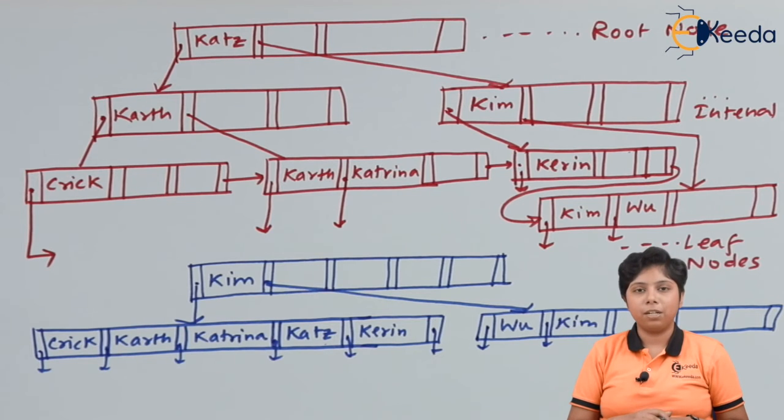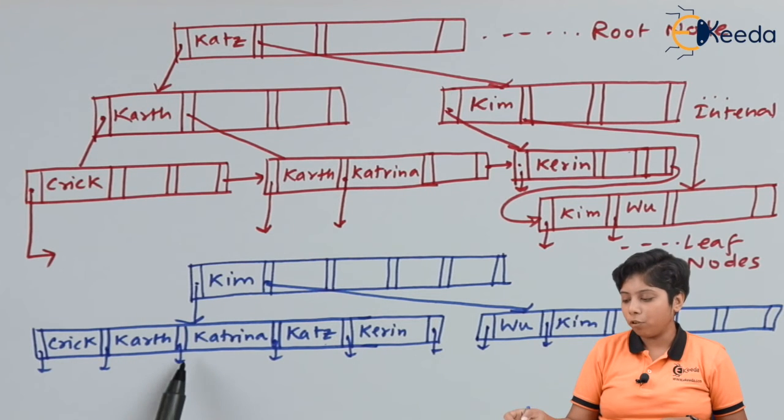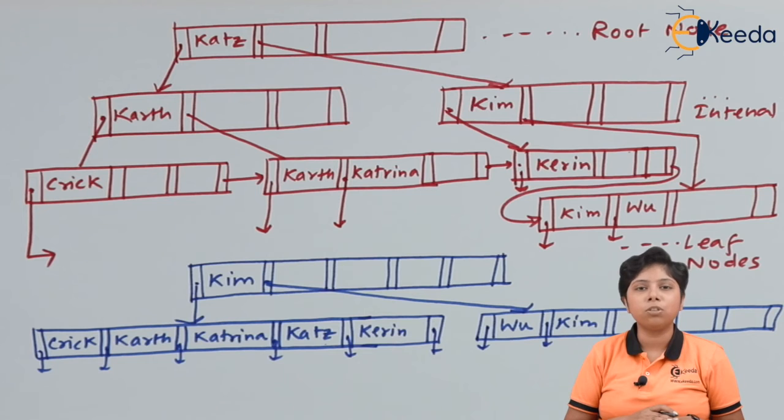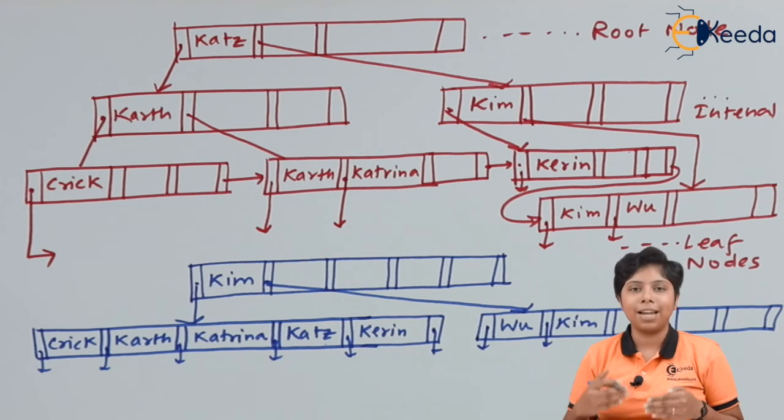So what happens there? If I want to go to Katrina, we do not need to see all the values till Katrina. If Katrina is the last one, then we just need to check log B by 2. That means if there are B numbers, then log B by 2 references are needed for searching Katrina.